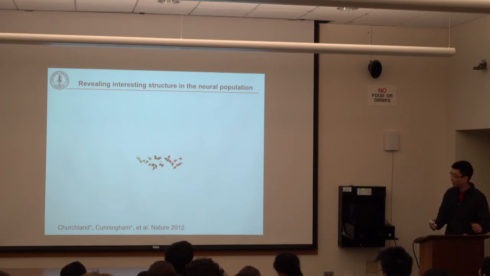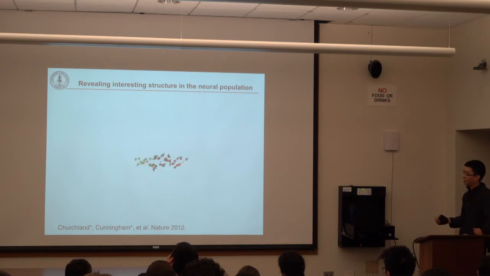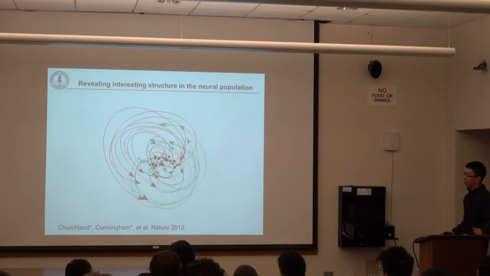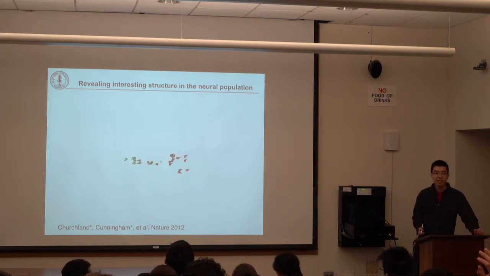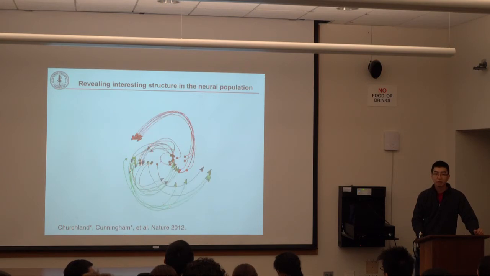Well, this study proposed that because the neural data has interesting structure, as you'll see in this video, maybe the same types of dynamics, the same analogy of dynamics, exist in the motor cortex. And so you'll see these are trajectories of different reaches through time. And you'll see that they follow these nice rotations.